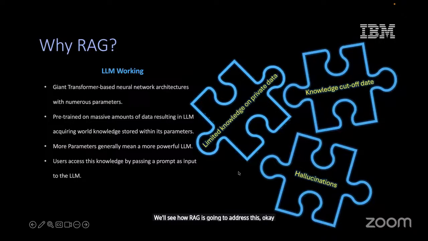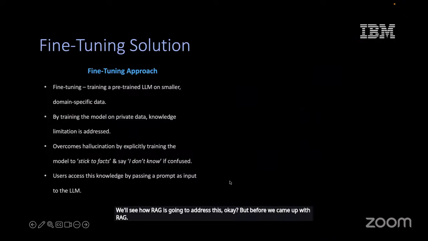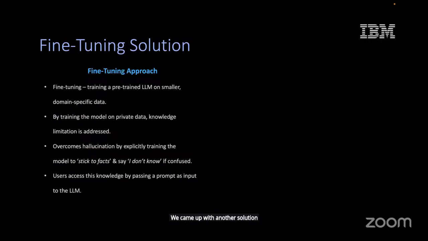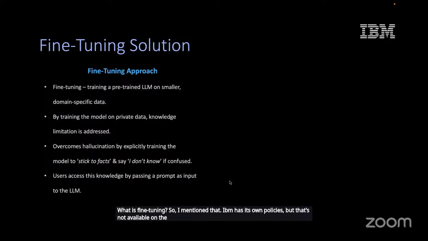Okay, but before we came up with RAG, we came up with another solution. We came up with something called fine-tuning. What is fine-tuning? So I mentioned that IBM has its own policies, but that's not available on the internet, right?